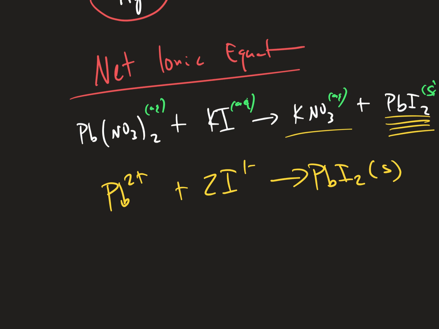Are we good with net ionic equations? So we have to write the ions, the charge. That's why it's an ionic equation, okay? And how to tell if it's an acid-base reaction, precipitation reaction, or redox reaction?